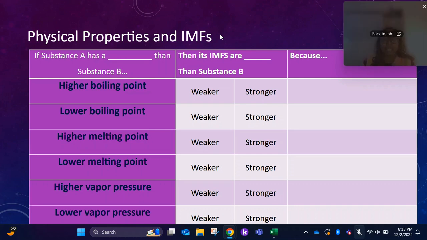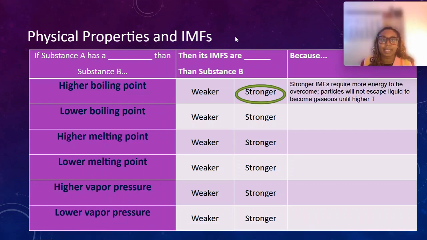If substance A has a higher boiling point than substance B, then its intermolecular forces are stronger than substance B. So the higher the boiling point for a substance, the stronger the intermolecular forces. And this is because they require more energy to be overcome. Particles will not escape liquid to become gaseous until a higher temperature.